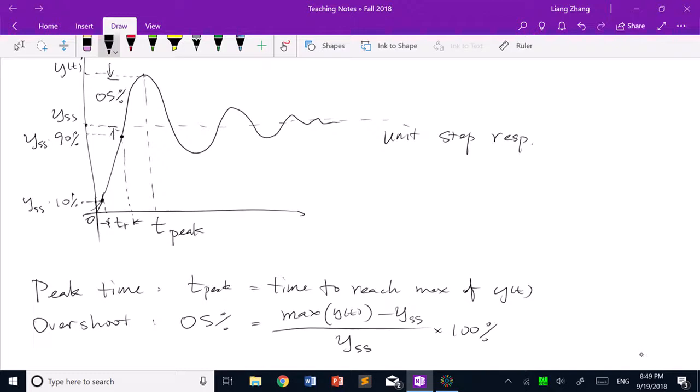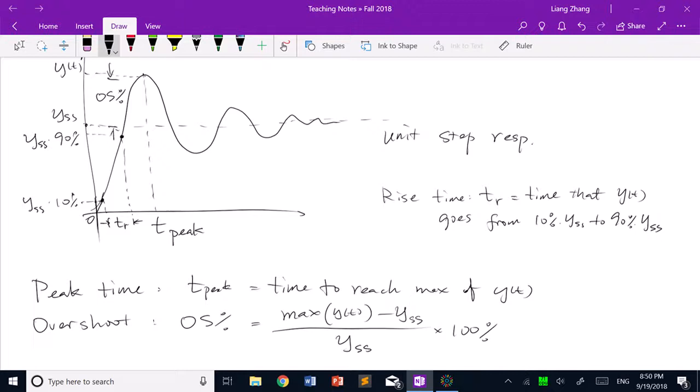This is sometimes called the rise time, T_R or T rise. It is the time that your response y of t goes from 10% of your steady state to 90% of your steady state. That's like, from 0 to 60 miles per hour, how much time it takes.